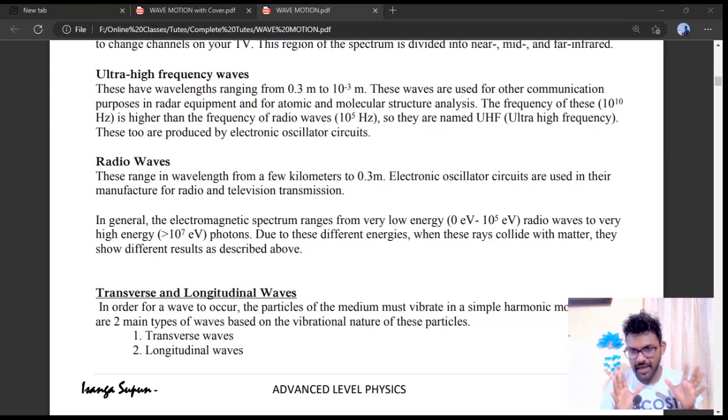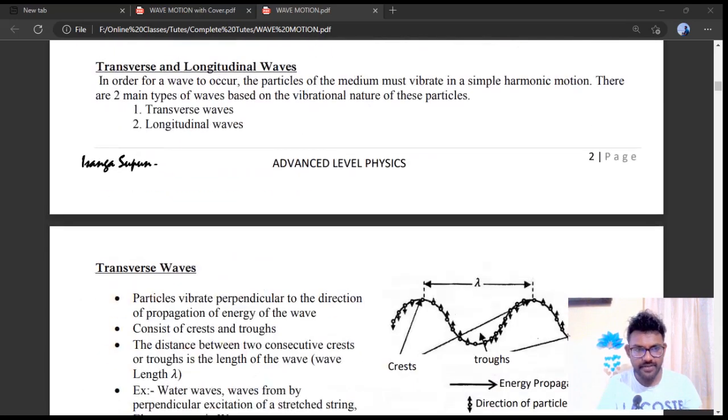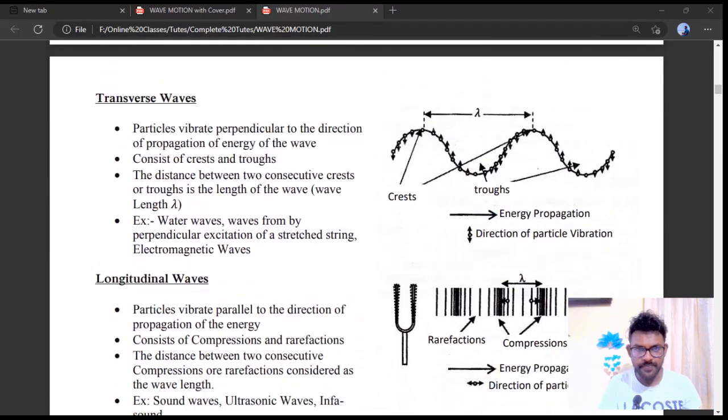Okay, so then we can consider the transverse waves and the longitudinal waves. How can we categorize them depending on the behavior or the order in which these waves occur? First we'll consider what these transverse waves are. In transverse waves, the particles vibrate perpendicular to the direction of propagation.